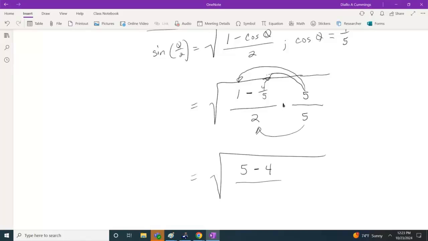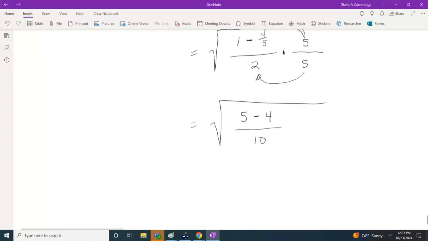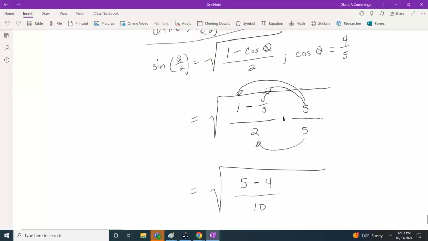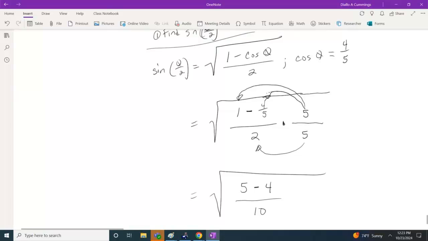And then if I distribute 5 in the bottom, 2 times 5 is 10. Oh, so it was 20 over 5 turning into 4? Well, now I distribute it. But 5 times 1, that's where this 5 comes in.